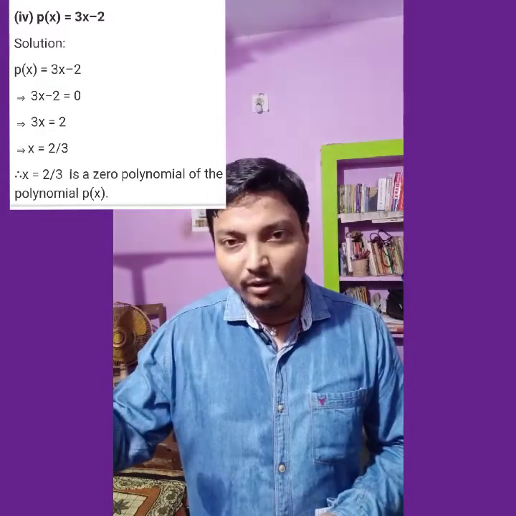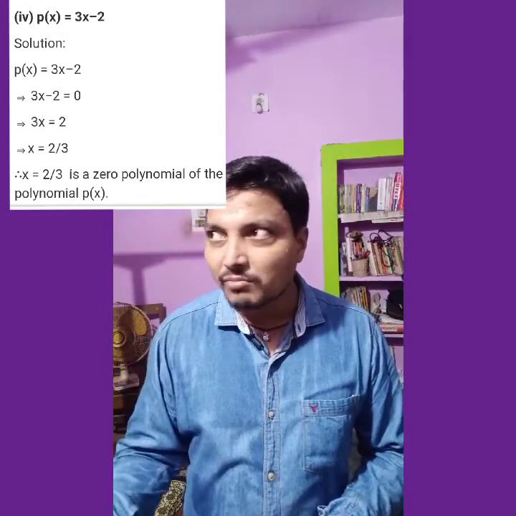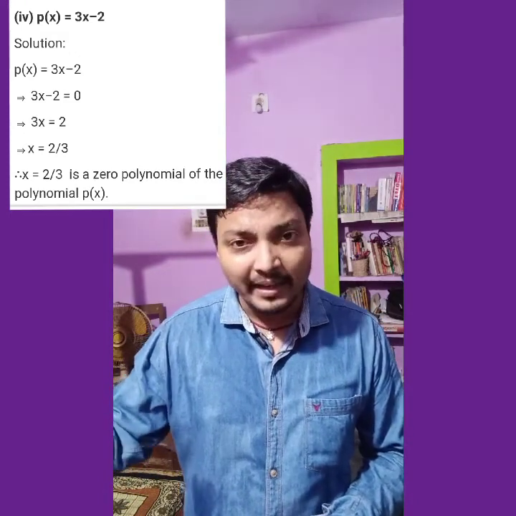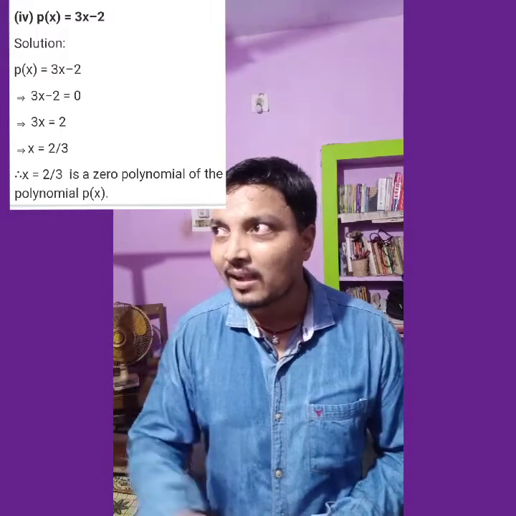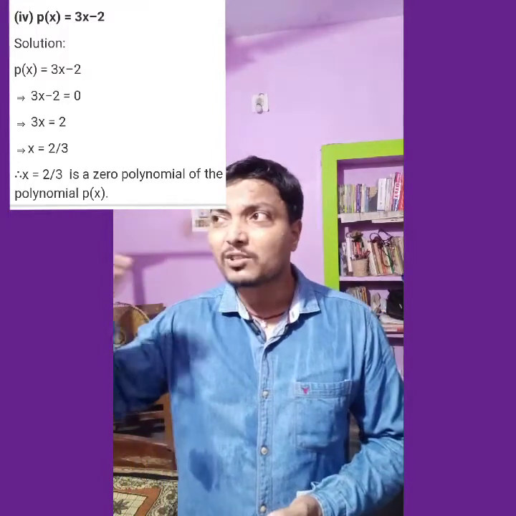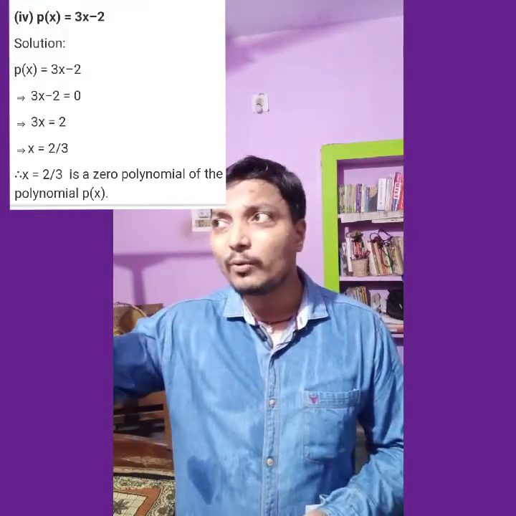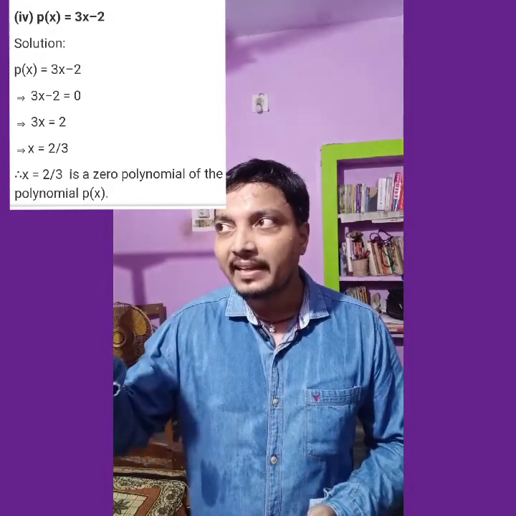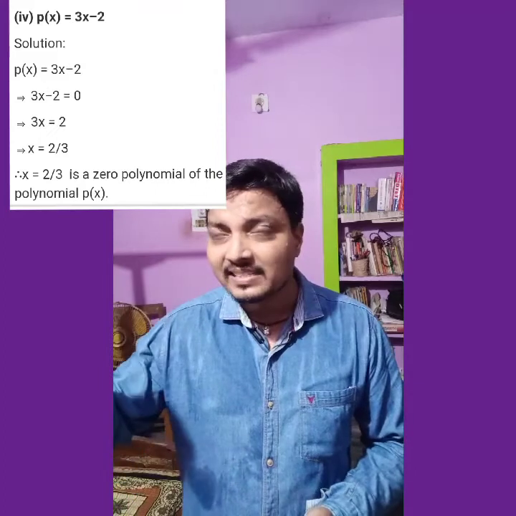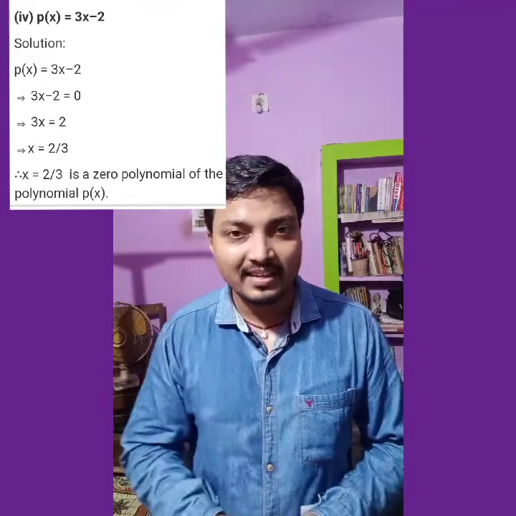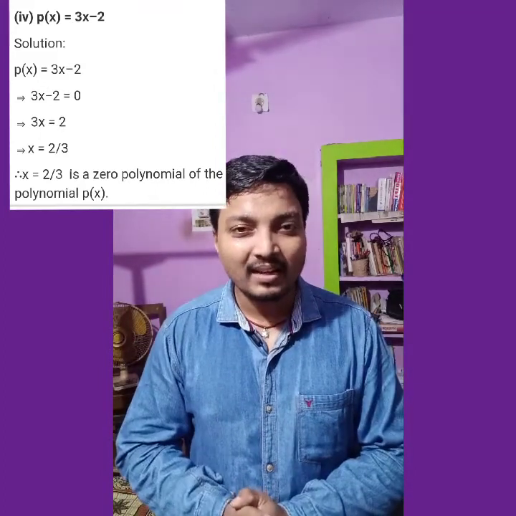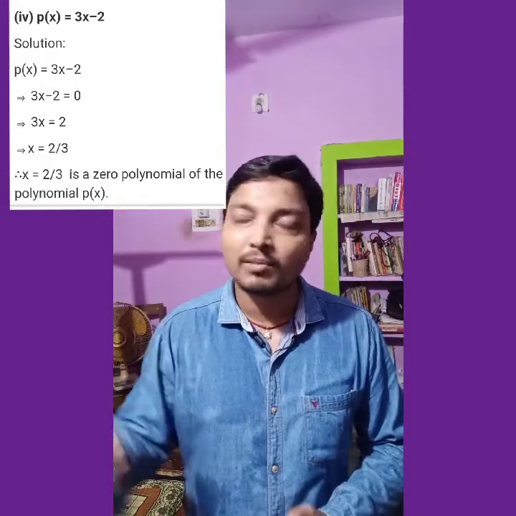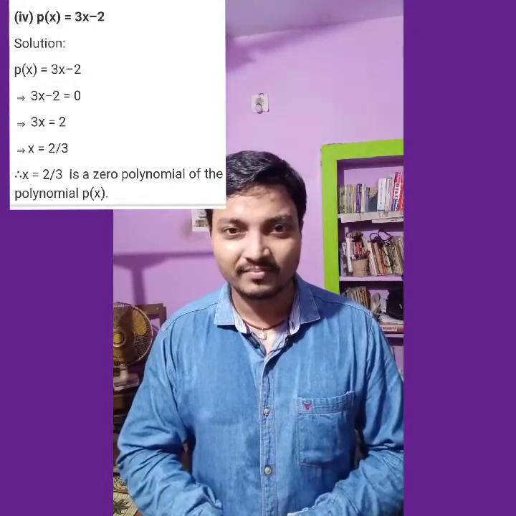Whenever the equation is formed, you just have to solve it, and the value of the variable you get is the 0 of the polynomial. So on solving, 3x is equal to 2, and in the next step x is equal to 2 by 3. So the value 2 by 3 is the 0 of the polynomial 3x minus 2.